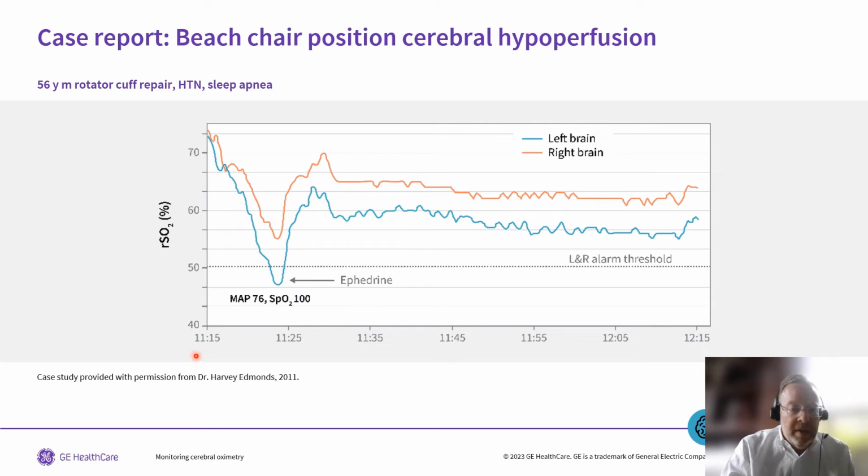You can see here at the beginning at baseline at 11:15, the saturation starts out in the normal range at about 75 bilaterally, and then shows exactly what happens when this patient was sat up into the beach chair position. You can see a profound bilateral decline that's pretty significant in cerebral saturation. And this occurs despite what most would consider a reasonable mean arterial blood pressure of 76 millimeters of mercury. The patient then receives some treatment with medication to increase cardiac output and cerebral blood flow, and you can see the cerebral saturations return toward baseline.